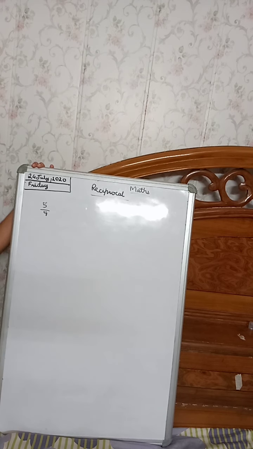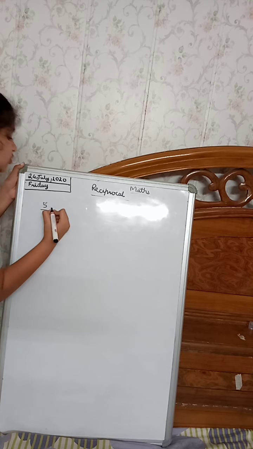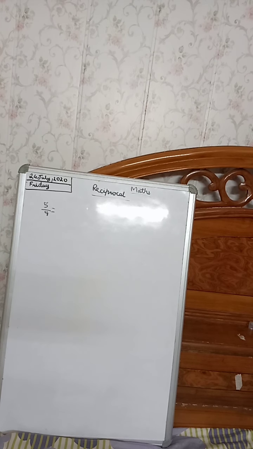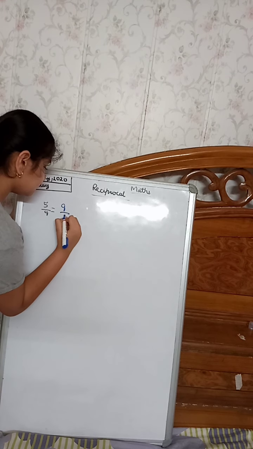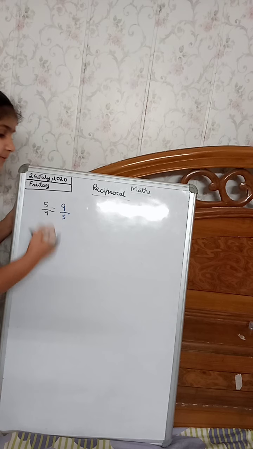If we want to convert this proper fraction, that is 5 by 9, into a reciprocal, then we will get the answer 9 by 5. How did I get the answer 9 by 5?